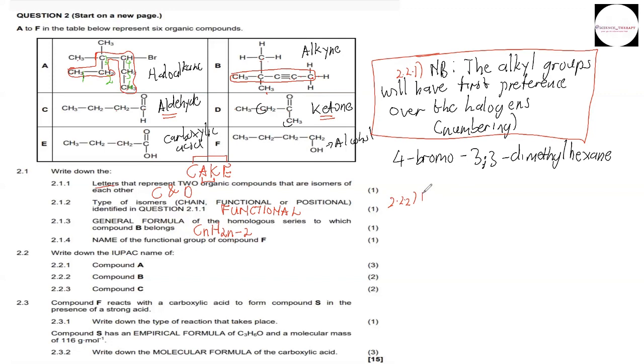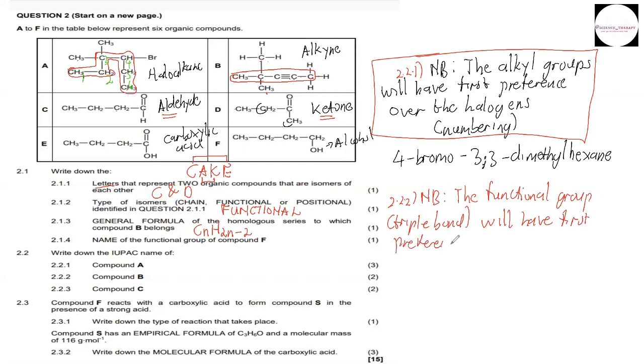So another rule that you need to note is that the functional group, which in this case is the triple bond, will have first preference over the alkyl groups.